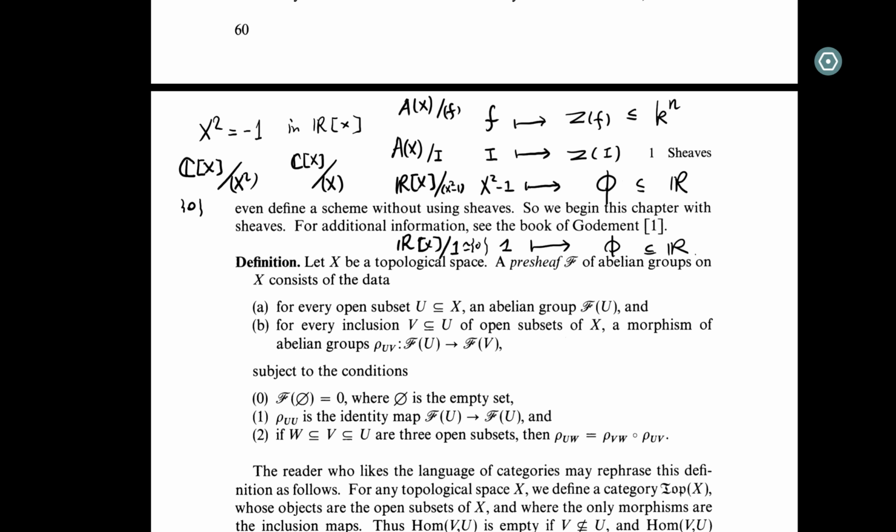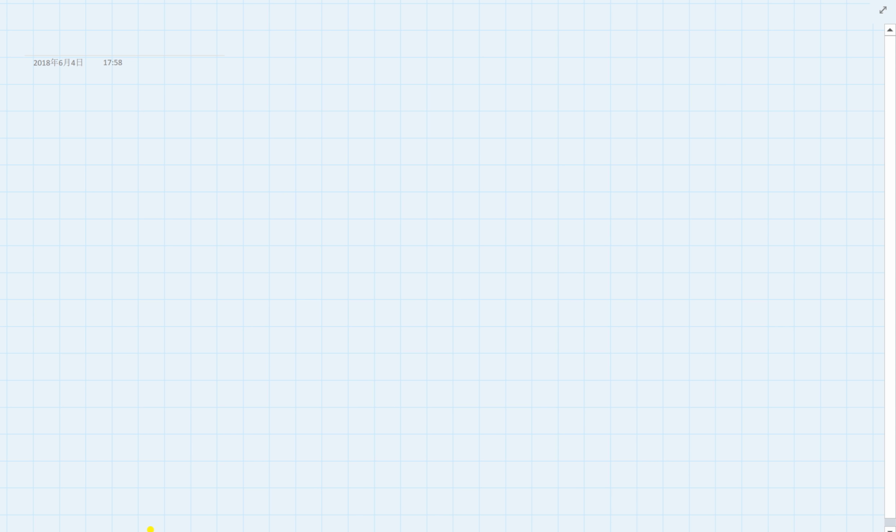We can be more precise about the classical theory.